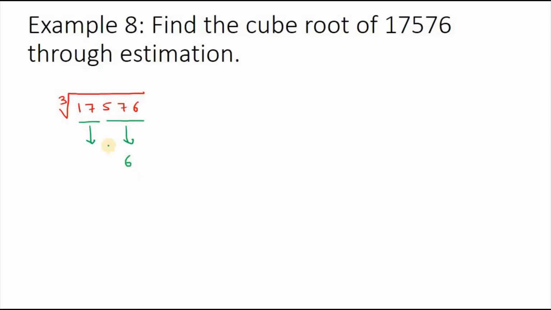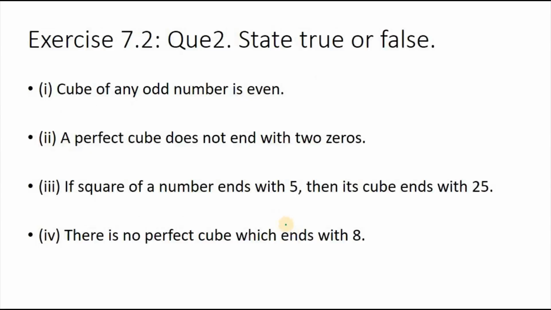Okay, 6 and 6 are the same. And now this is 17. Let's make the cubes. 2 cube is 8. 3 cube is 27. So see, 27 is more than 17. 2 cube is fine. So we have 8 and 27. We'll take 2. So the answer is 26. So the cube root of 17576 is 26.